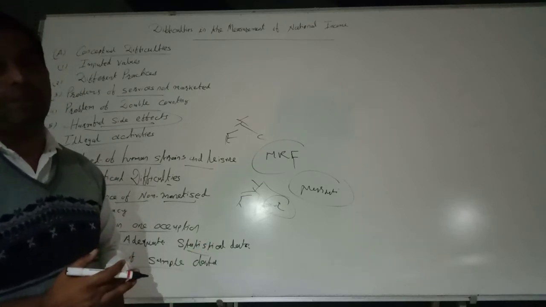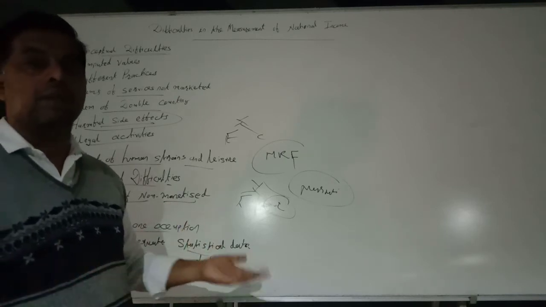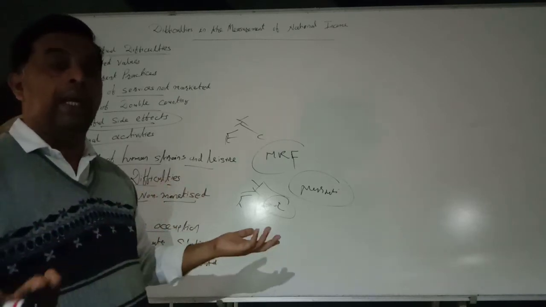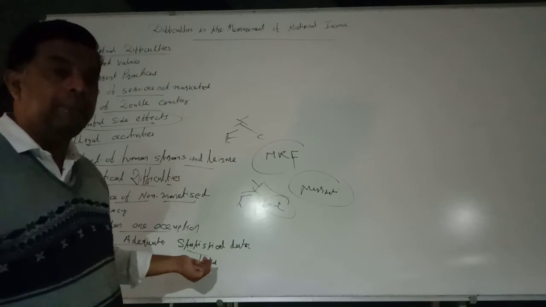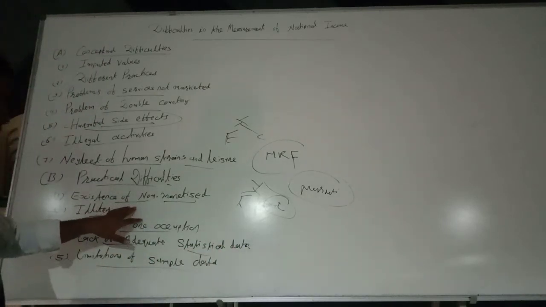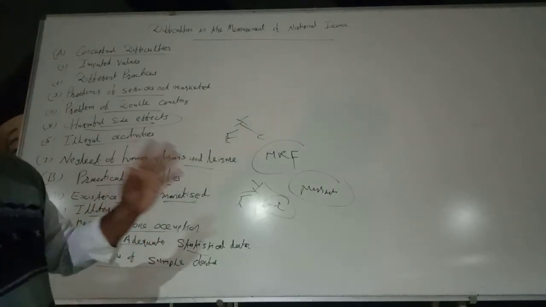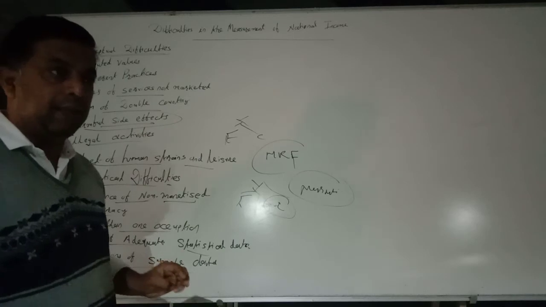This is the limitation, because of different traditions, different customs, different languages, etc. So there is a limitation of sample matter. So these are the practical difficulties in measuring national income, conceptual difficulties as well as practical difficulties.